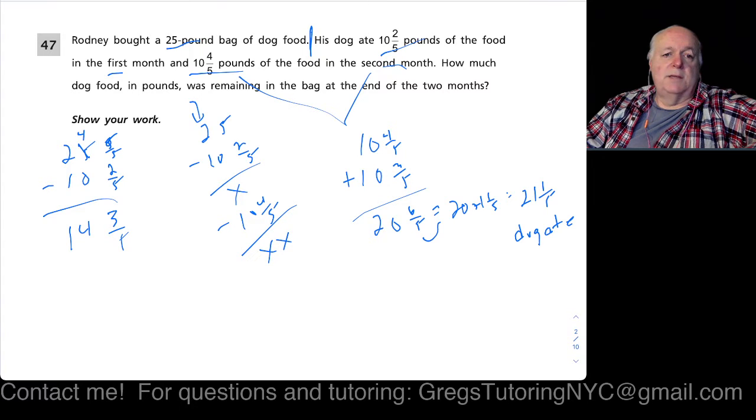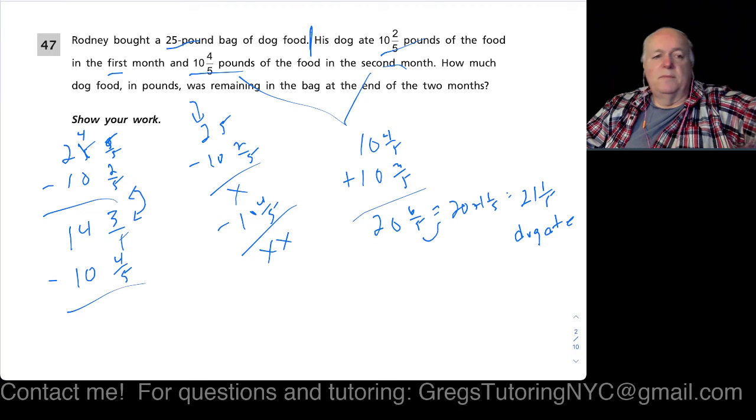By the way, guys, it's important to double check your calculations as you go on. I can reverse this and get 24 5/5, and that's 25, so I know that. Now I'm going to subtract from that 10 4/5. I have the same problem: I can't take 4/5 from 3/5.